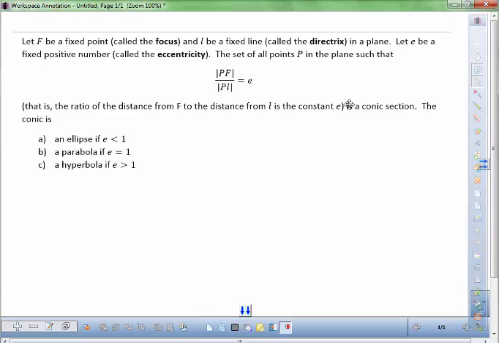So our first connection to polar coordinates is the eccentricity. So the definition of the eccentricity is here. It's the ratio between the distance from a focus point to the graph and that point on the graph to the directrix.